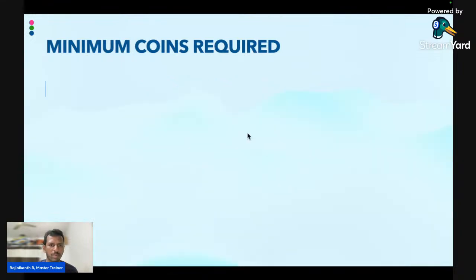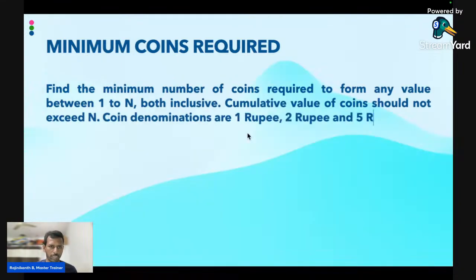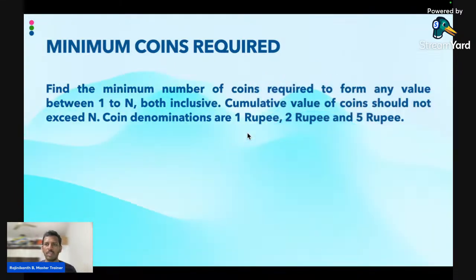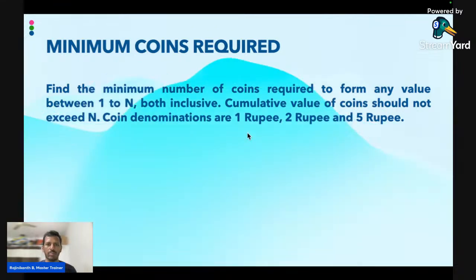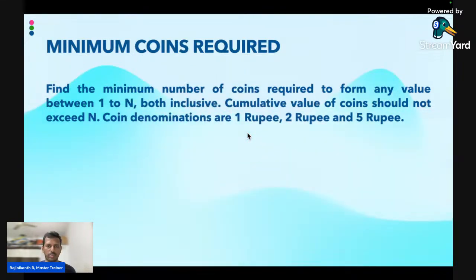The problem statement goes like this. Find the minimum number of coins required to form any value between 1 to n, both inclusive, and the cumulative value of coins should not exceed n. The coin denominations are 1 rupee, 2 rupees, and 5 rupees.